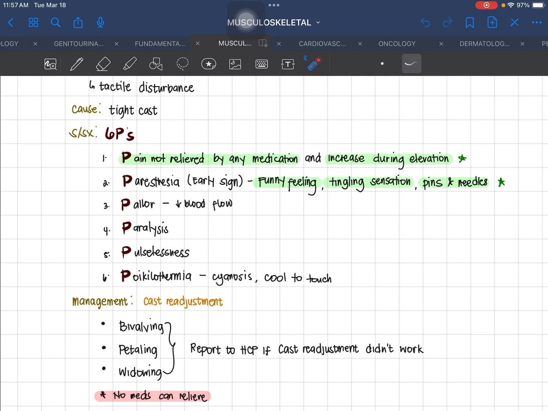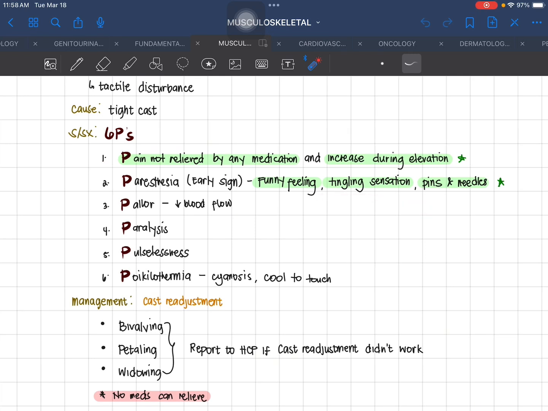P. Paresthesia. Isa to sa early sign ng compartment syndrome. Sa NCLEX, kung wala kang paresthesia na makikita, may lalabas na funny feeling, tingling sensation, o feeling na may pins and needles. Ayan. Ulitin natin na paresthesia ay early sign.